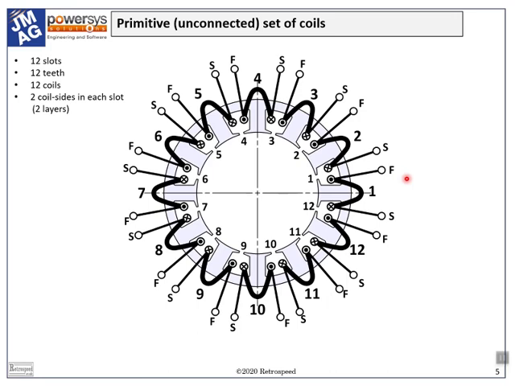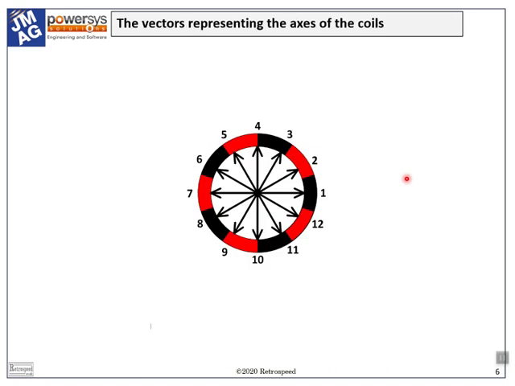To help with this sorting process, in this diagram the black arrows show all the coil axes in their actual physical positions in mechanical degrees. Also drawn are the rotor magnets, opposite polarities red and black.